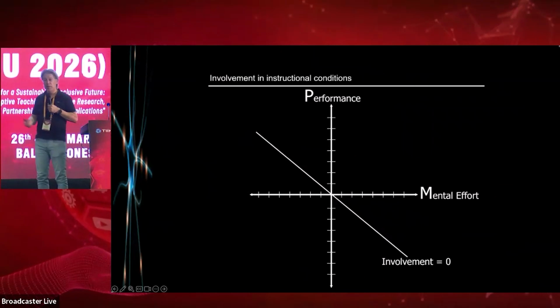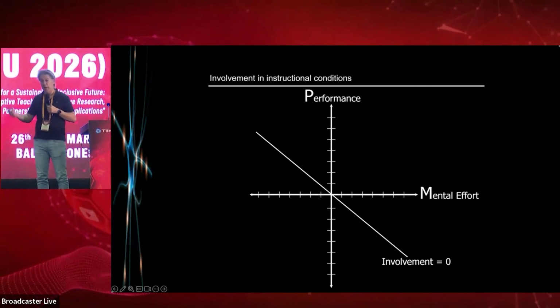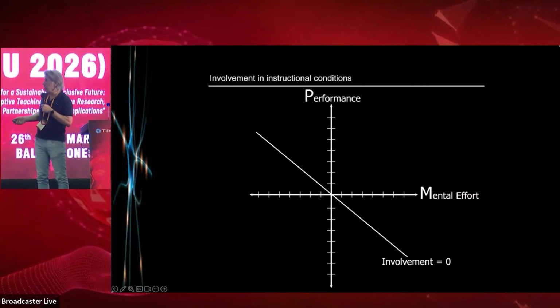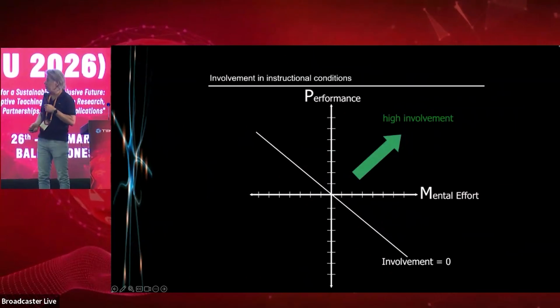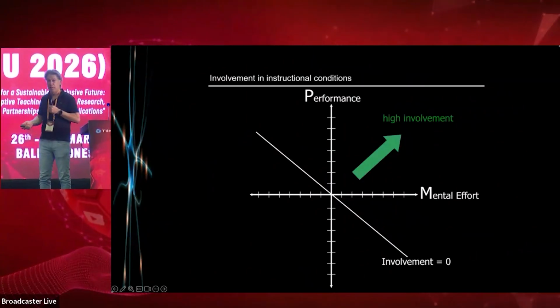We have also used that to get an impression of the motivation of the student, like we just saw on this last problem. So if you have high performance with high mental effort, then you know that the student was motivated.